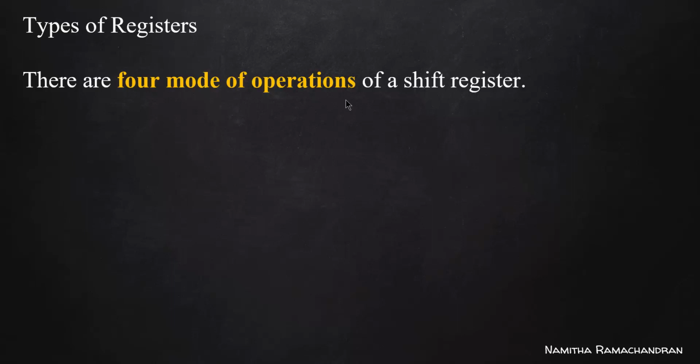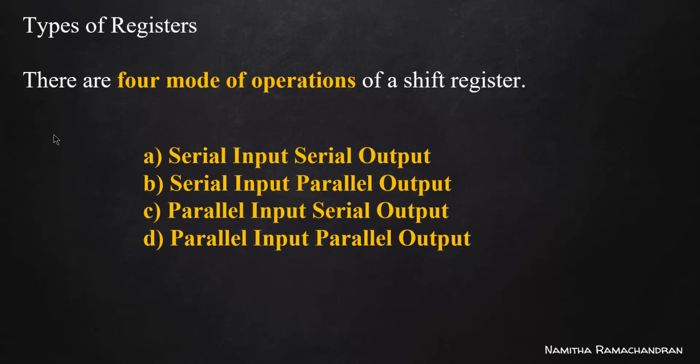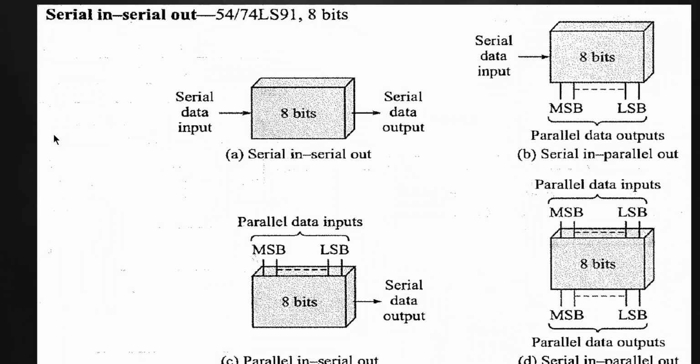Based on the mode of operation, we can classify the shift registers into 4 types: serial input serial output, serial input parallel output, parallel input serial output, and parallel input parallel output shift registers. We have already discussed all these diagrams. These are the block diagram representations for our previous 4 different shift registers.